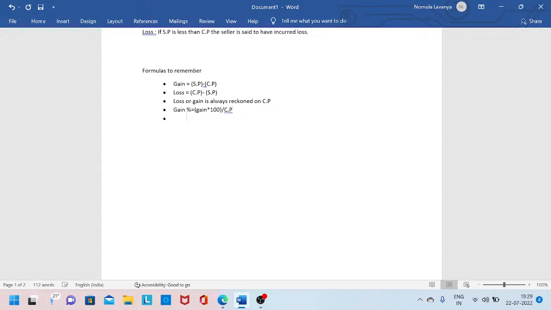Okay, so these are the few formulas I am just giving you to remember. Loss percent is floor bracket, loss into 100, close the floor bracket, slash SP. Okay, this is also CP, not SP.